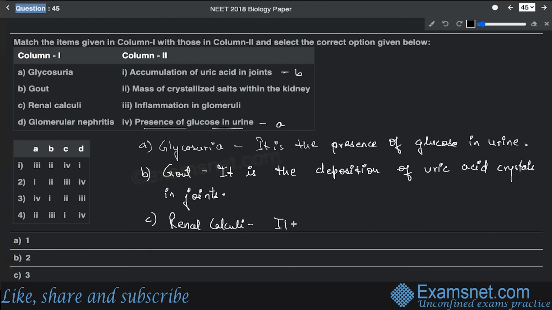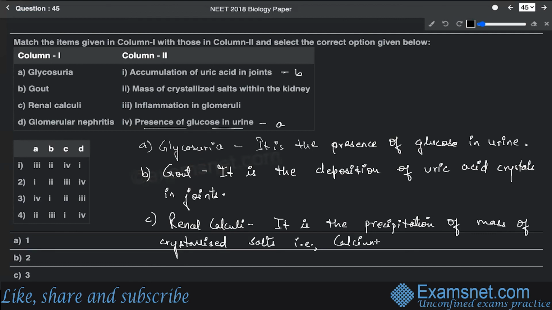So it is the precipitation of masses of crystallized salts, that is calcium phosphate, in the kidney. So this is going to match up with C.